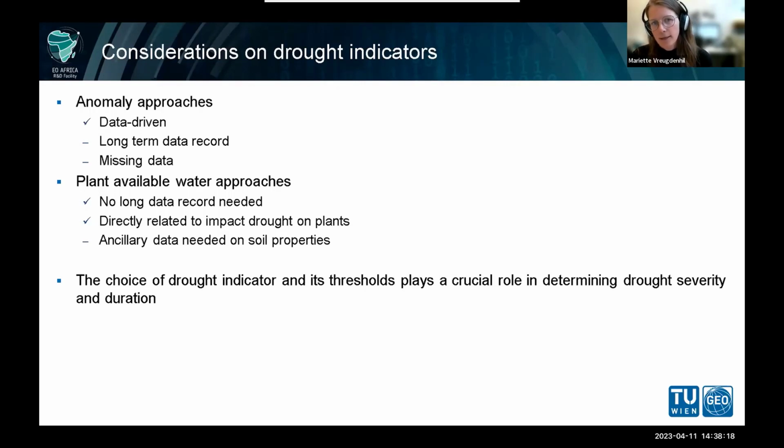So this way you have an additional uncertainty, because you get this uncertainty also from your soil property data. And the other thing that you need to consider is that it's very important to think about the choice of drought indicator and its thresholds, because they really play a crucial role in determining drought severity and duration.